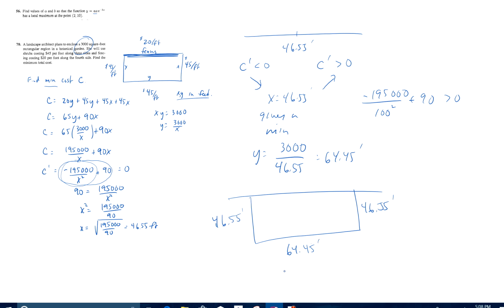Okay, so there's my dimensions to give me the minimum total cost. All right, there you have it. Shoot me an email if you need anything else on any of these.